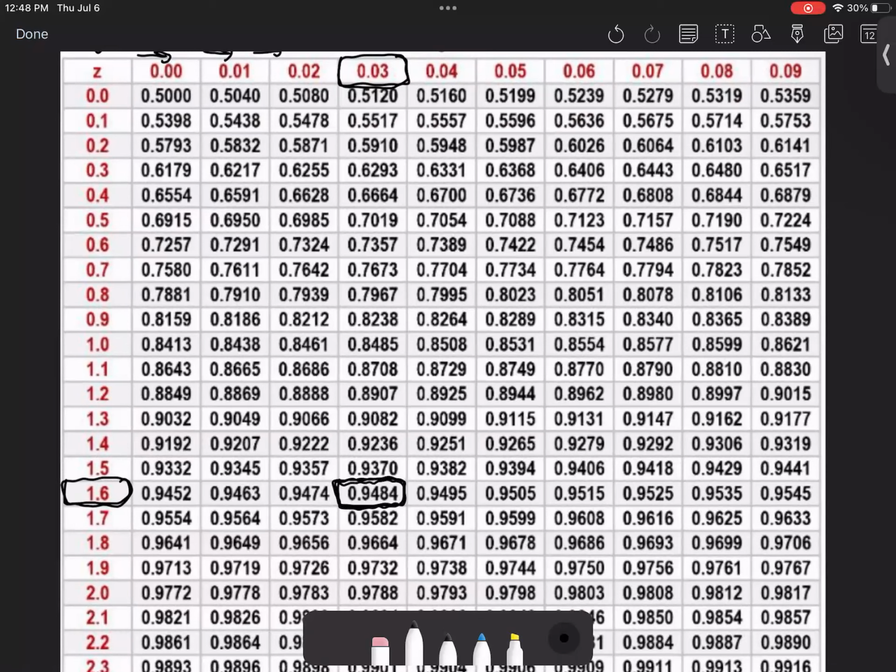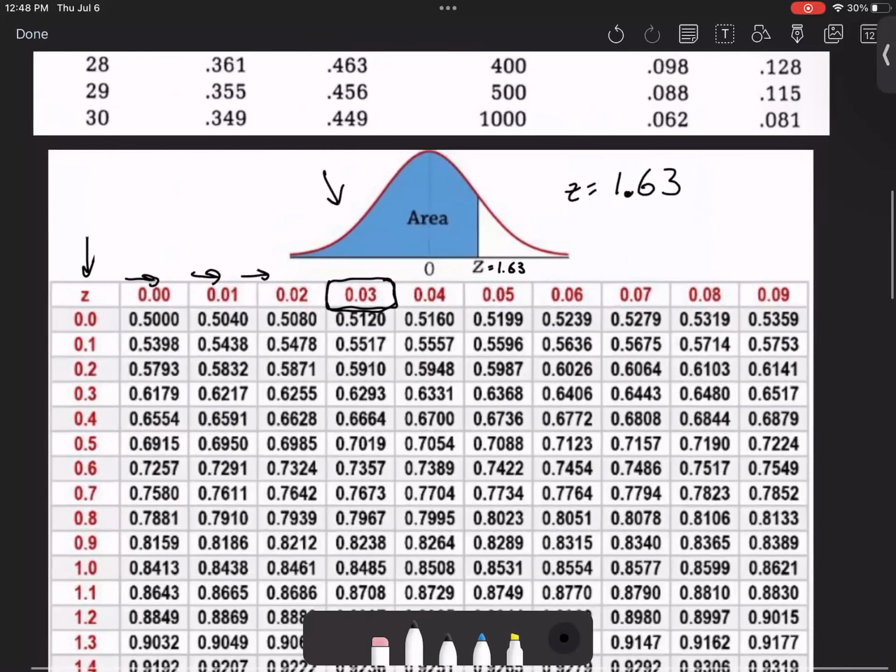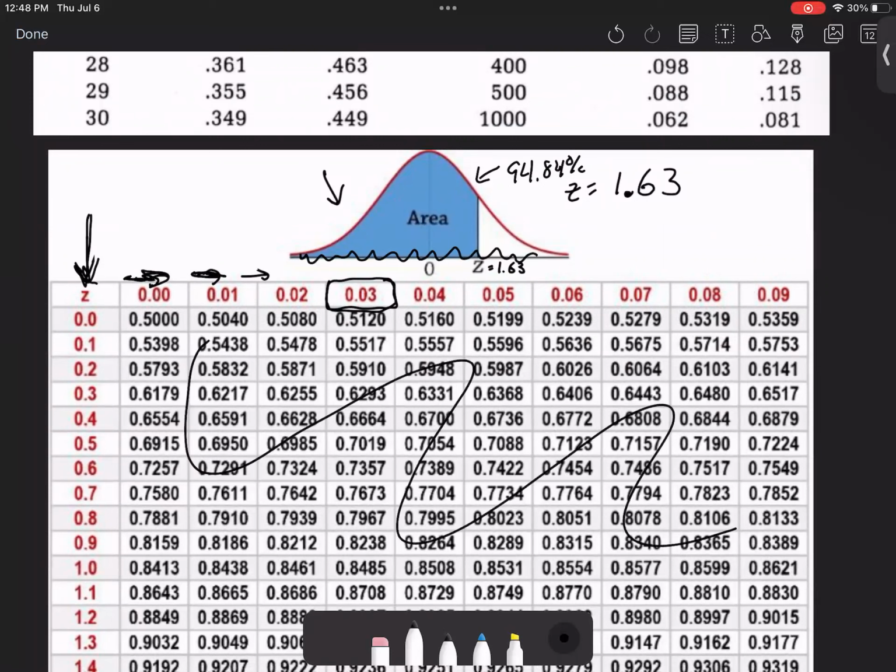That's the area to the left of the z-score 1.63. So 94.84%. Remember, the red here are the z-scores. Those are on our x-axis. The values inside this table give you the areas to the left of those z-scores.